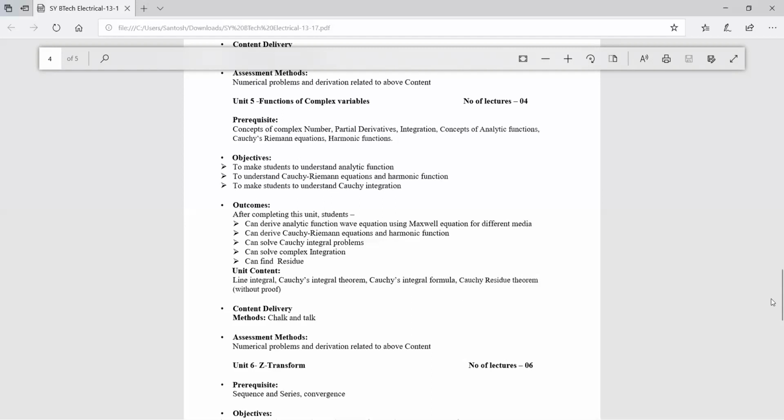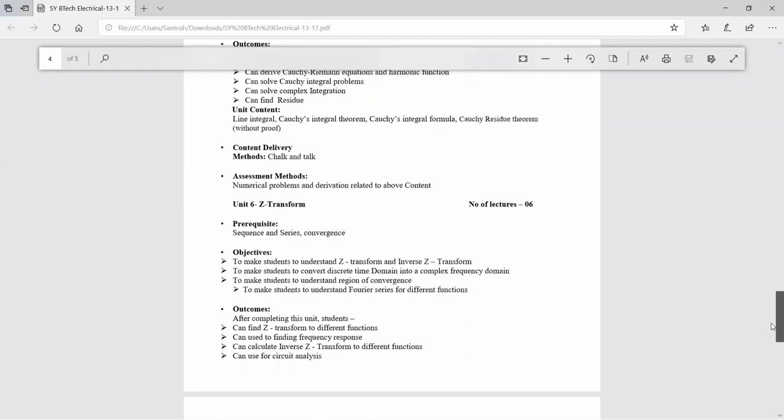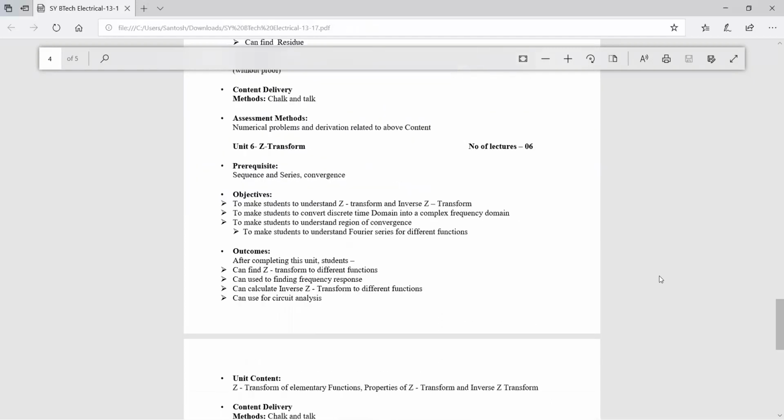Now, the last topic of this subject, Engineering Mathematics 3, and the last topic of section 2. For this unit, there are some prerequisites. Students must have knowledge of sequences, series and convergence, which we have already seen in Engineering Mathematics 1.